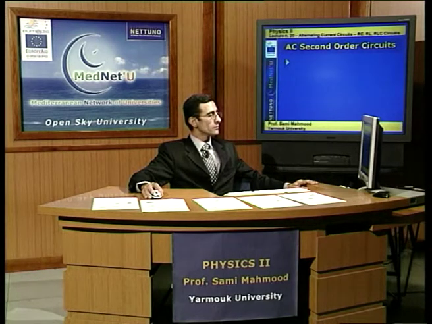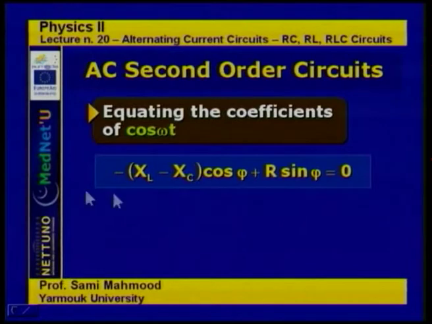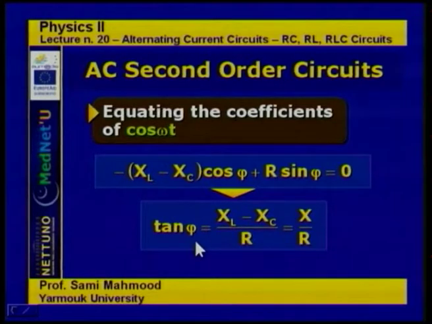That's what we do. So we equate the coefficients of cosine omega t, and equating these coefficients will give us, just we write instead of omega L, for example, X_L, and instead of 1 over omega C, we write X sub C, the reactance, instead of writing it in component form. So this gives minus (X_L minus X_C) times cosine phi plus R times sine phi is equal to 0. And this gives us a solution for phi.